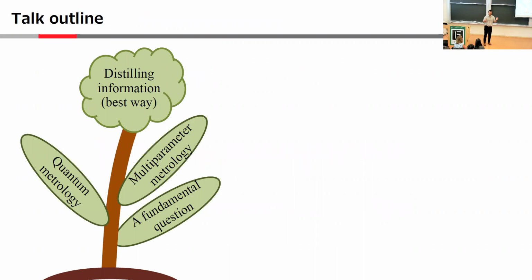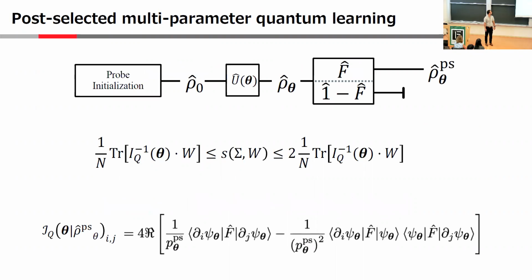Okay, so what did we do with this in terms of compressing and distilling quantum information? Well, we added a filter, and then we wanted to know, if we look at the states that come out of this filter, how will S, our figure of merit, look for those states? So the first thing we had to do was to compute this quantum geometric tensor for a filtered quantum state.